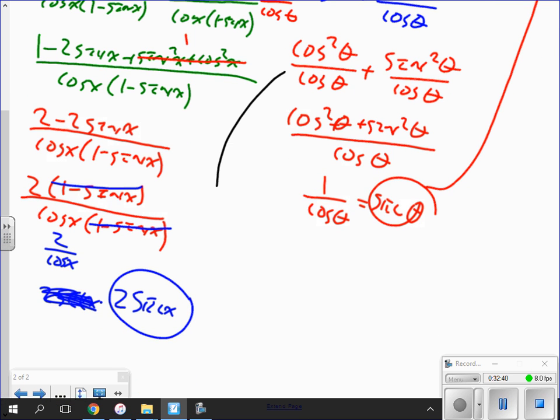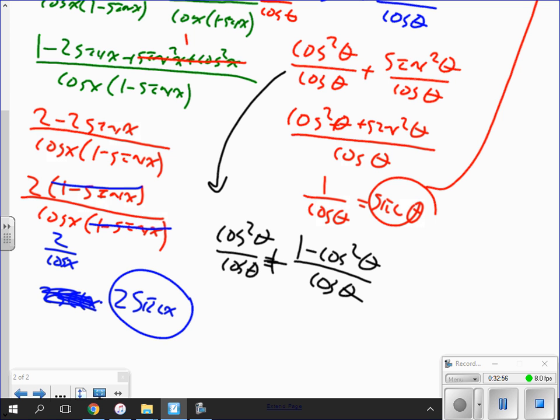When you get to this step, what you could do instead is take sine squared theta and substitute it with 1 minus cosine squared theta. Cosine squared plus 1 minus cosine squared. You combine those up into 1 and you get 1 over the cosine of theta, which is the same thing. More than one way to do the problem.